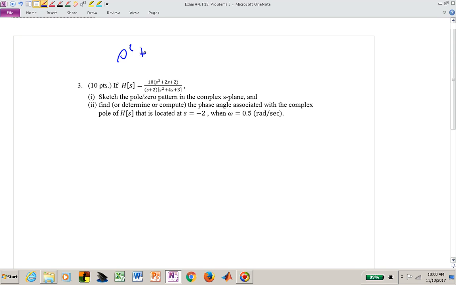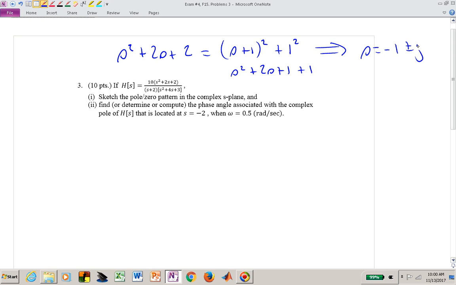We have an s squared plus 2s plus 2, and you might be able to see that already by completing the square: you have an (s plus 1) quantity squared, which gives you an s squared plus 2s plus 1, and you need one more to make up for the 2. So we now can see that we have complex zeros at minus 1 plus and minus j.